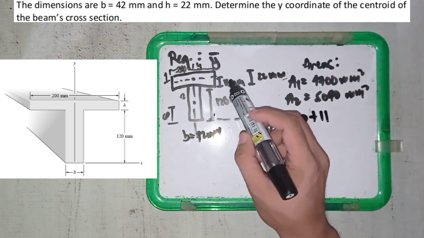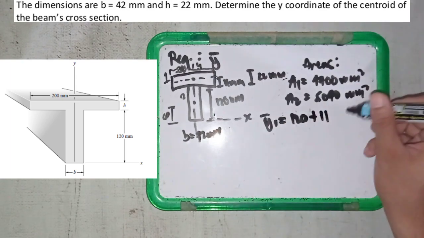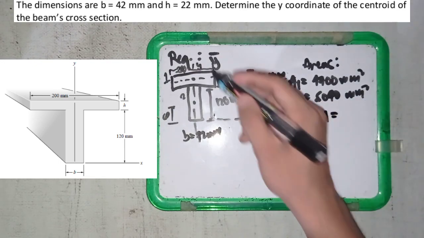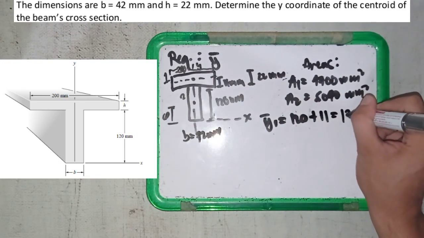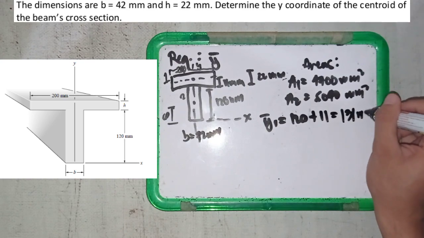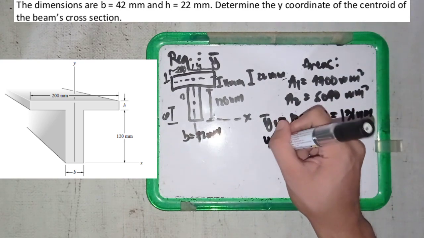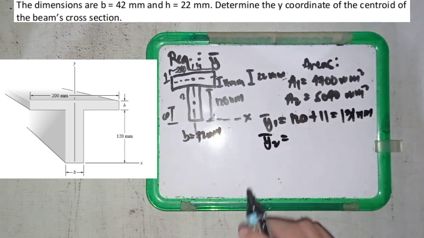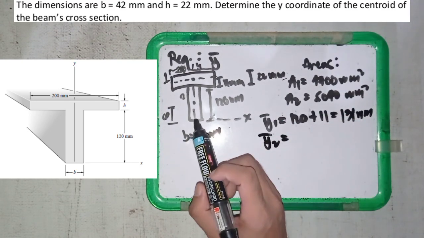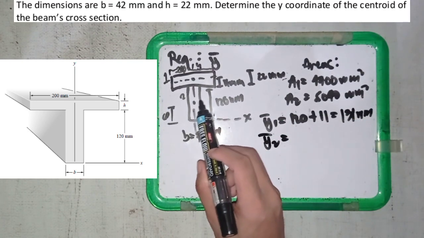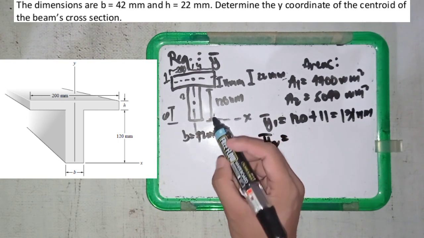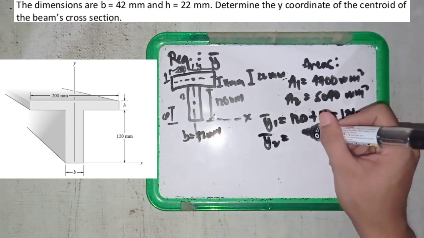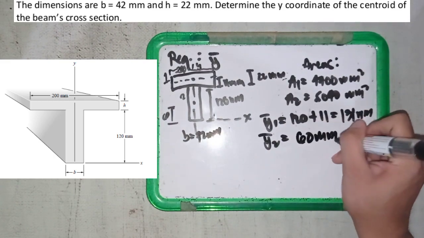The height from here plus this height, so 11, from the vertical distance, so this will be 131 millimeters. And for the second box, rectangle 2, we have 60, because half of its vertical height, 120 divided by 2, is 60 millimeters.